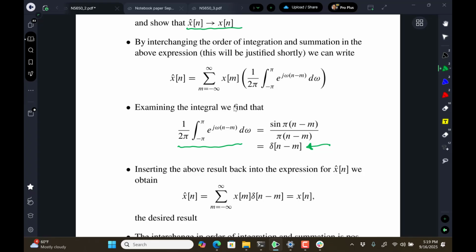So if it's just an integer, then the sine of pi times an integer is always 0, right? And then if that integer n minus m happens to be equal to 0, then the denominator goes to 0, and then we use L'Hopital's rule, and then we find out that, lo and behold, it's 1. So it behaves like a delta function in terms of integers n and m.